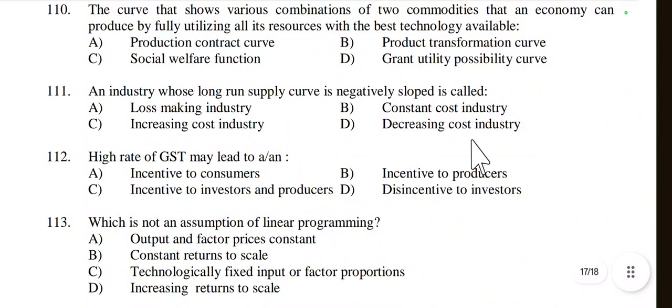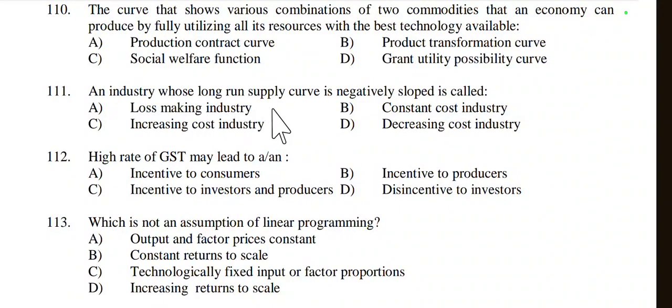Then question number 111, an industry whose long run supply curve is negatively sloped. It is called loss making industry, constant cost industry, increasing cost industry, or decreasing cost industry.